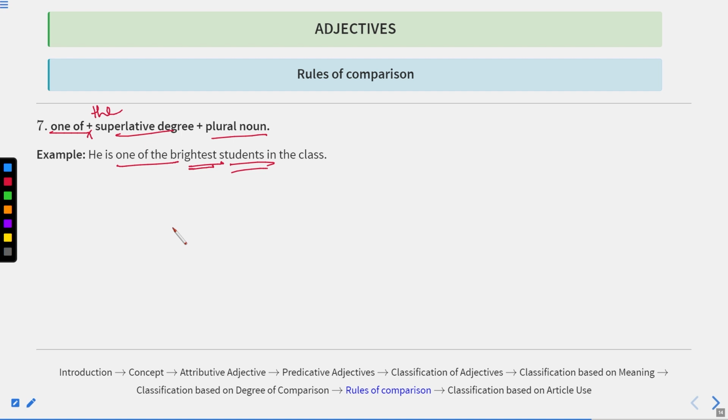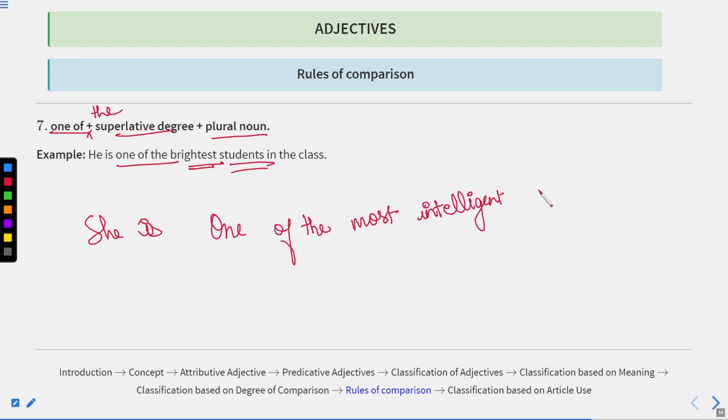Okay, for example, she is one of the most intelligent lady in the world.